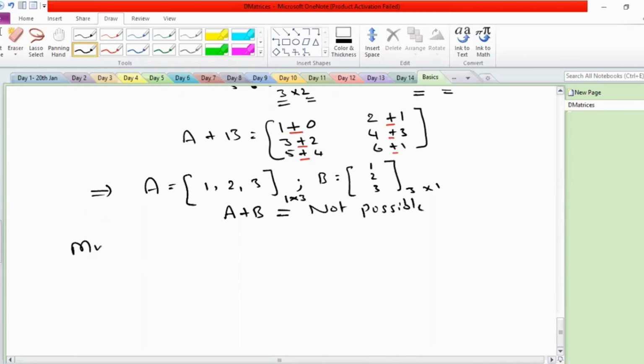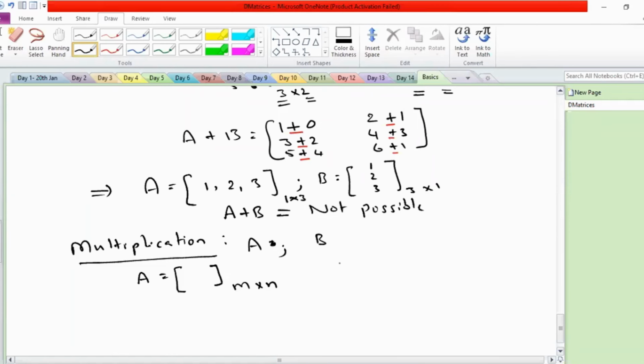Now look into multiplication. Suppose you have two matrices, A and B. A equals m into n, and B equals P into Q. Okay.